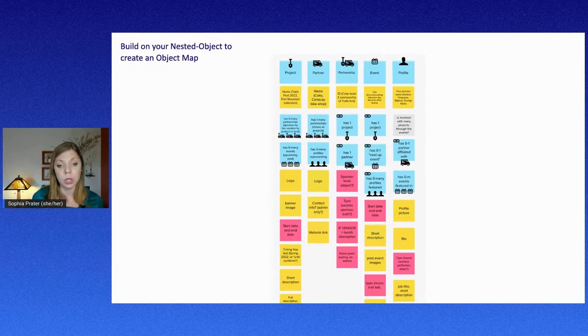A project has a logo, a banner image, a start date and an end date. A partnership has a sponsor level. So I'm already mapping all of that out. Each of these columns is basically going to be a direct translation into not only designing my CMS, but also designing those detail pages and those list pages.